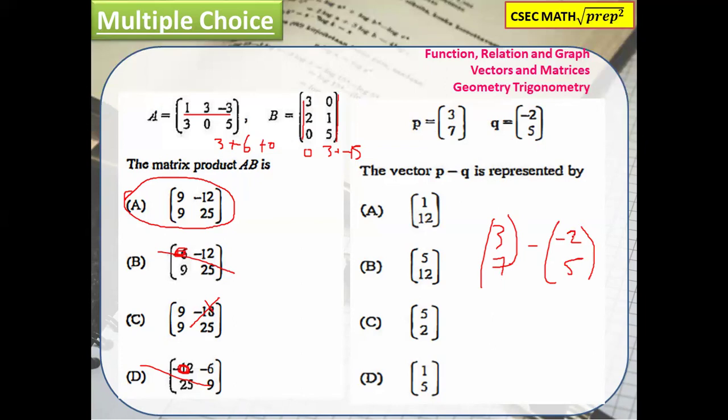So the trick here is that we know that 5 from 7 is 2, and then 3 minus minus 2 is positive 5. So this is it. Really and truly, if you just focus on the bottom number in this case, right? Taking 5 from 7, this is the only answer with 2 at the bottom. So it's the only answer that's even possible, right?